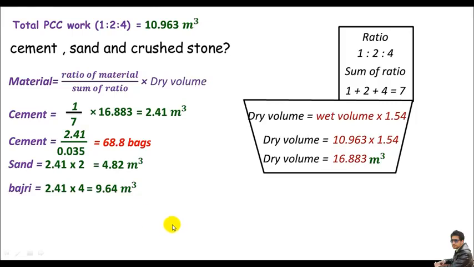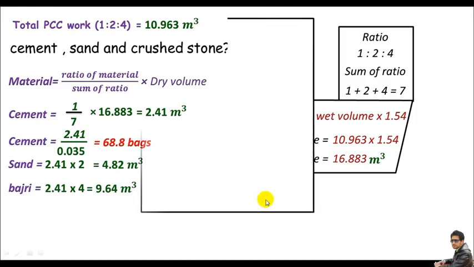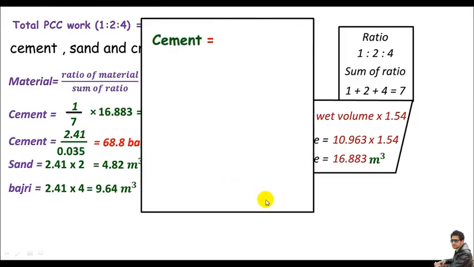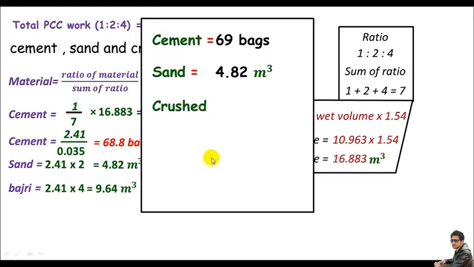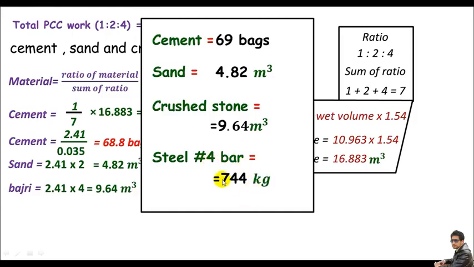And here is our detailed result. The cement is 69 bags, the sand is 4.82 cubic meter, the crush stone is 9.64 cubic meter, and the steel is number 4 bar, which is 744 kg. This is how we can estimate the material per circular water tank.